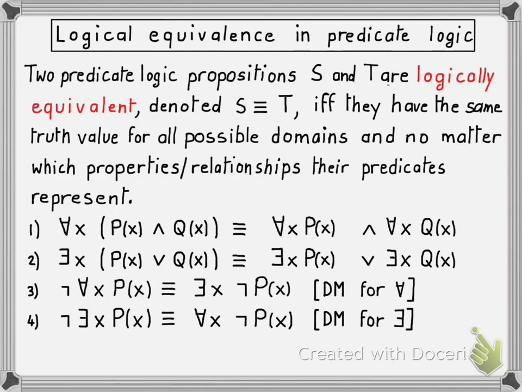However, in the process, you must flip the quantifier from one type to another. So if it was a for all quantifier, you have to flip it to a there exists quantifier. And if you started with a there exists quantifier, when you move the negation across the quantifier, then the there exists quantifier becomes a for all quantifier.